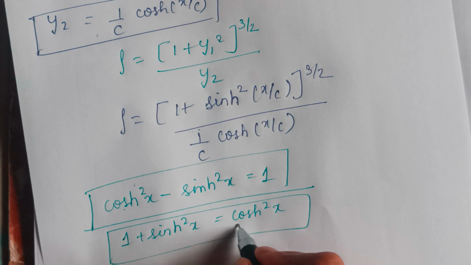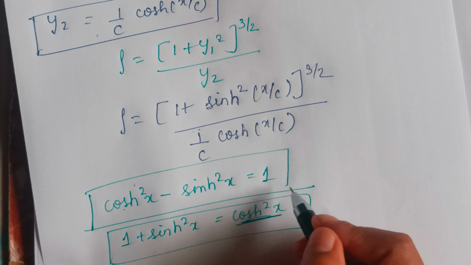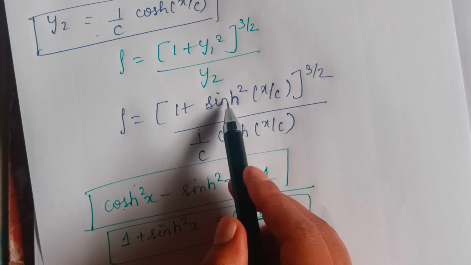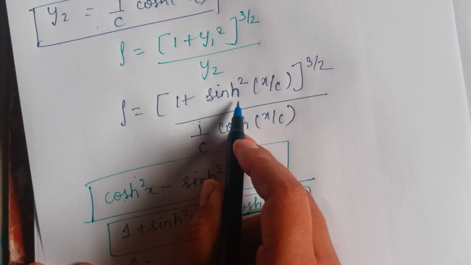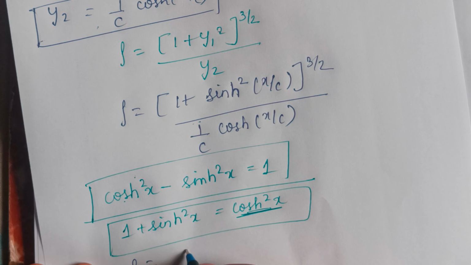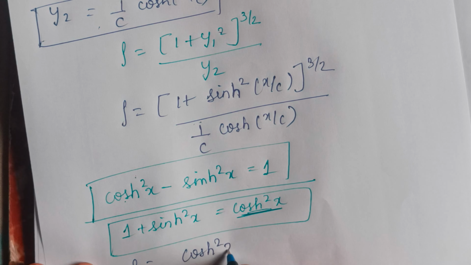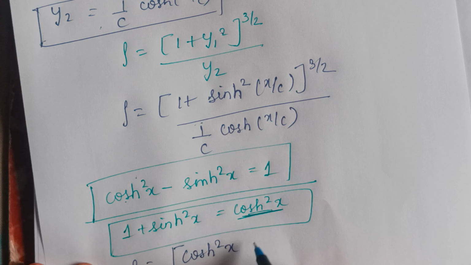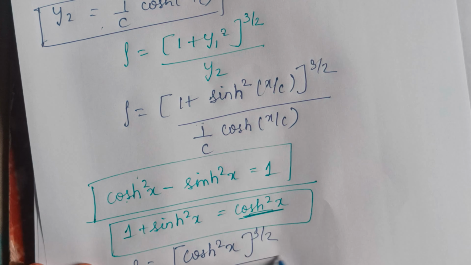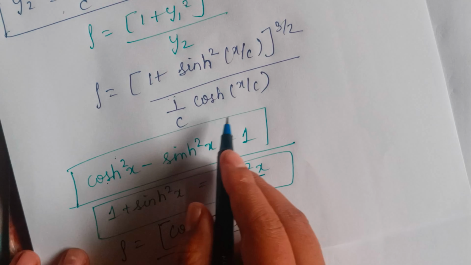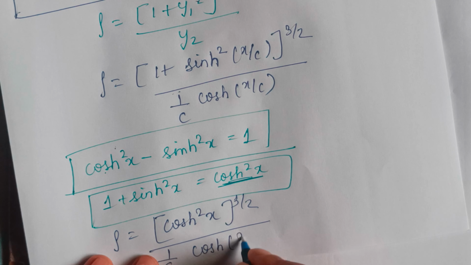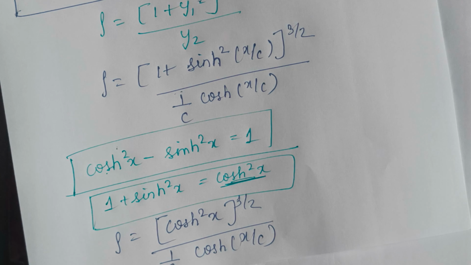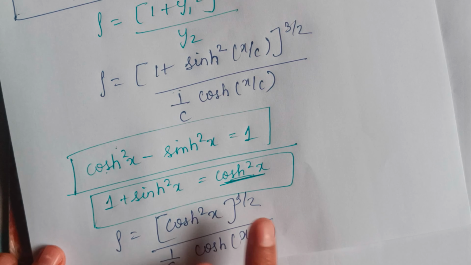So I will substitute using this formula in this equation. So rho equals 1 plus sine hyperbolic square, this I can write as cos hyperbolic square x by c, whole to the power 3 by 2 divided by 1 by c cos hyperbolic x by c. Okay, so till here it is clear.